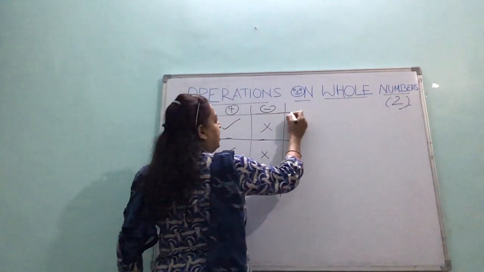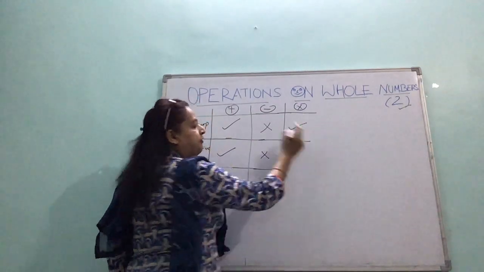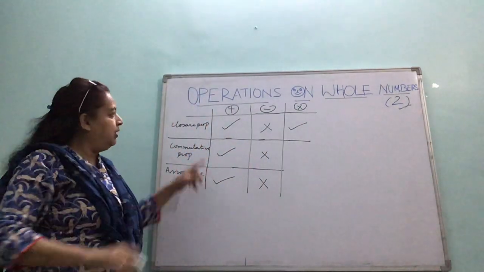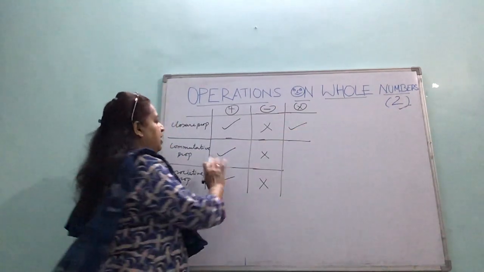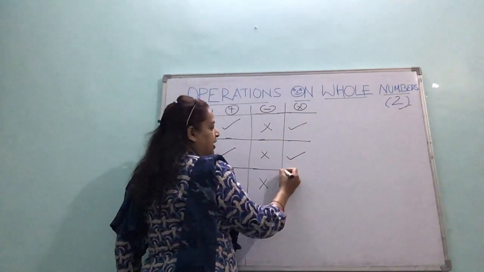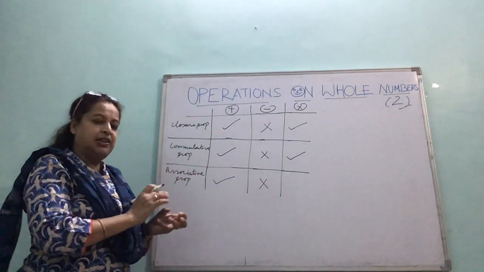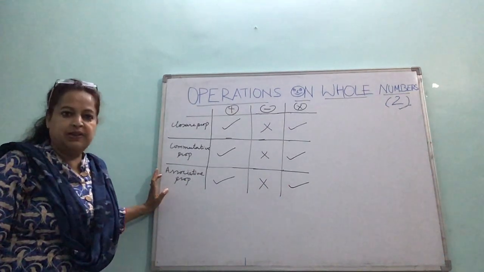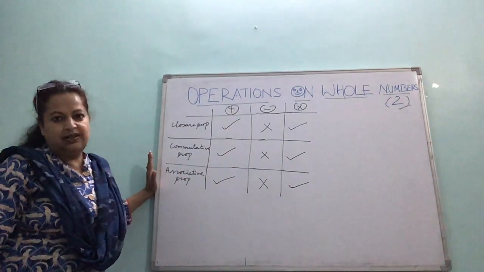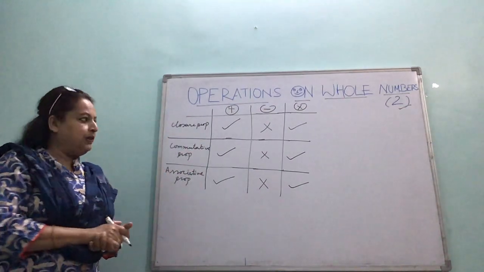And for multiplication, the product of two whole numbers would always be a whole number. If the order of multiplication is changed, the result would be the same. If the grouping in multiplication is changed, the result would be the same. So this was what we did in the previous class. This is that table in a nutshell.